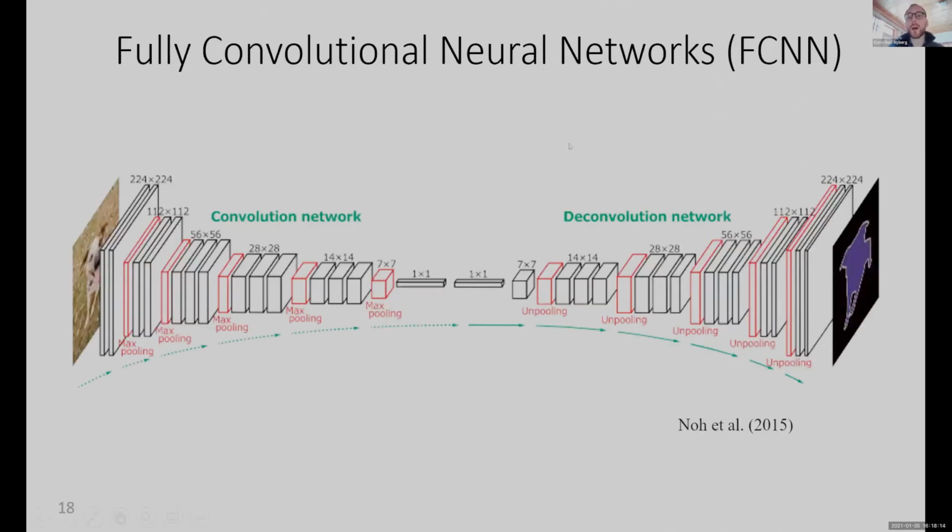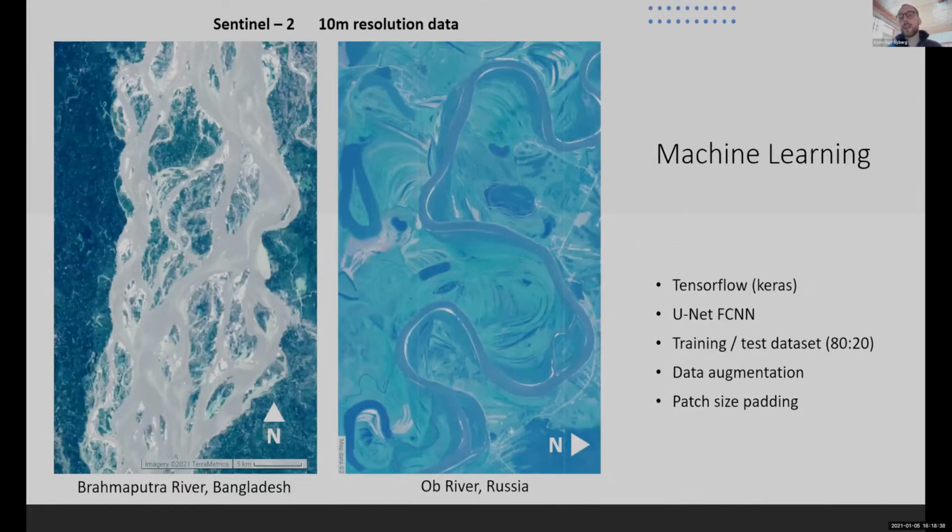I won't go into too much detail here, but essentially we use a fully convolutional neural network, basically a machine learning algorithm, to take an input image. Here's a dog, and then we try to define where that dog is in that photo. And we do that instead for fluvial systems. Is this a meandering or is this a braided system, essentially?